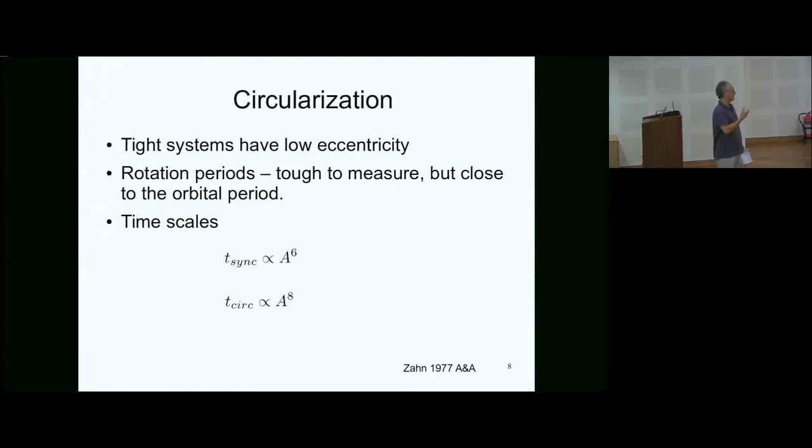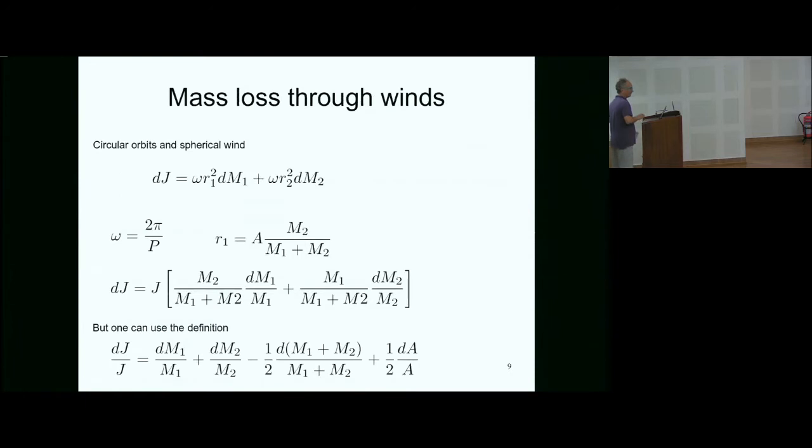So the question is, what happens with the orbit when the system starts losing mass like that? We have circular orbits.